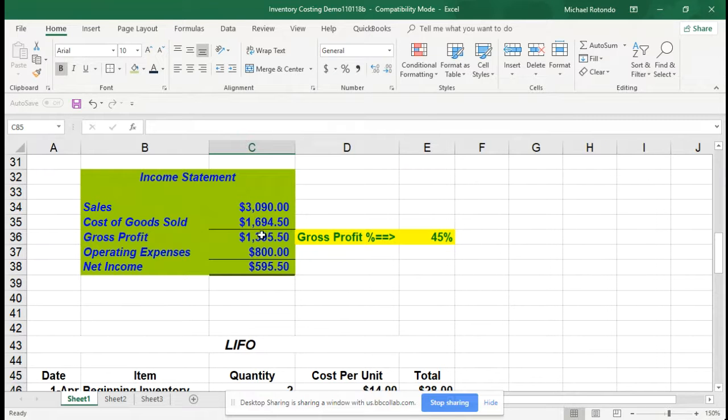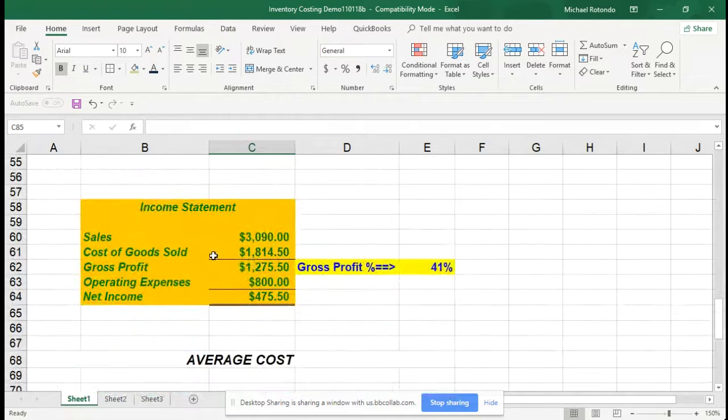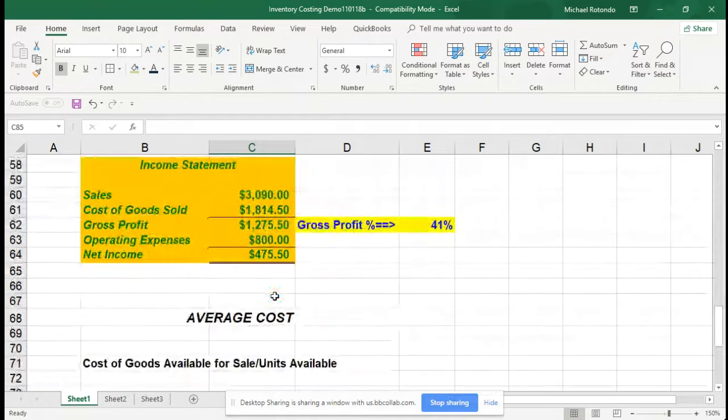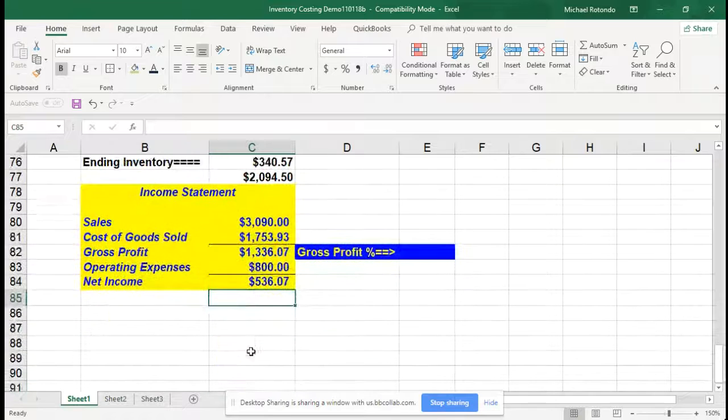So FIFO has the lowest cost of goods sold and the highest gross profit and net income when prices are rising, while LIFO has the opposite, the highest cost of goods sold, the lowest gross profit, and the lowest net income, where average cost falls in the middle.